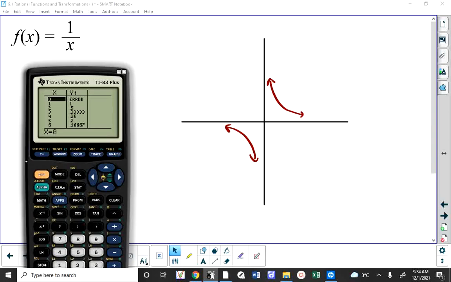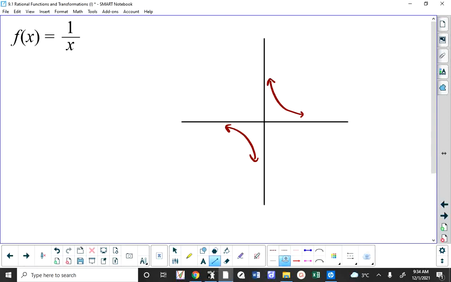What that means is that x is allowed to be 3 or 4 or 5 or a million. X is allowed to be 0.002, just a number. X is allowed to take on negative values as well.